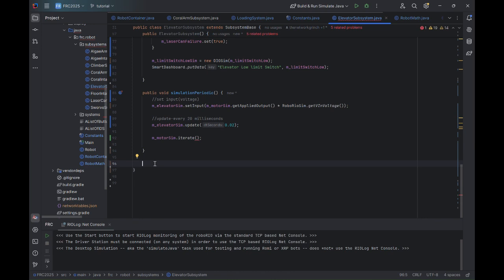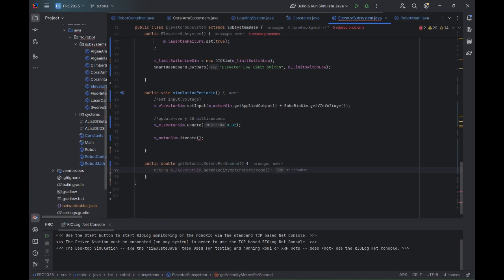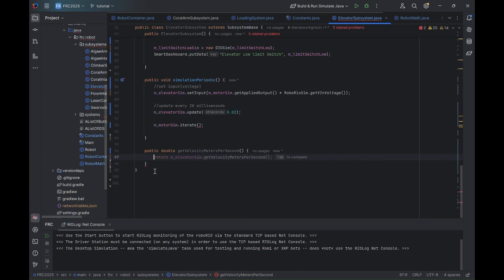Because we wanted our velocity to be in meters per second, because we're basically using meters for elevators, we have to do some conversions.